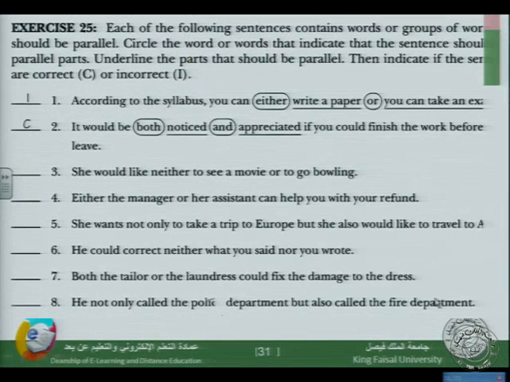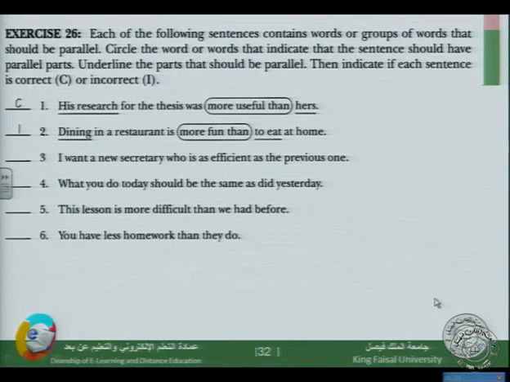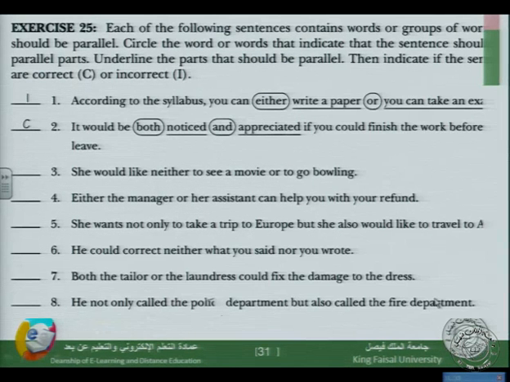And here also we have more examples, just like this one. You can do it by yourself, but here it's using paired conjunctions. Okay, and here we use a comparison. If we go back to the paired conjunction, let us read the first one.